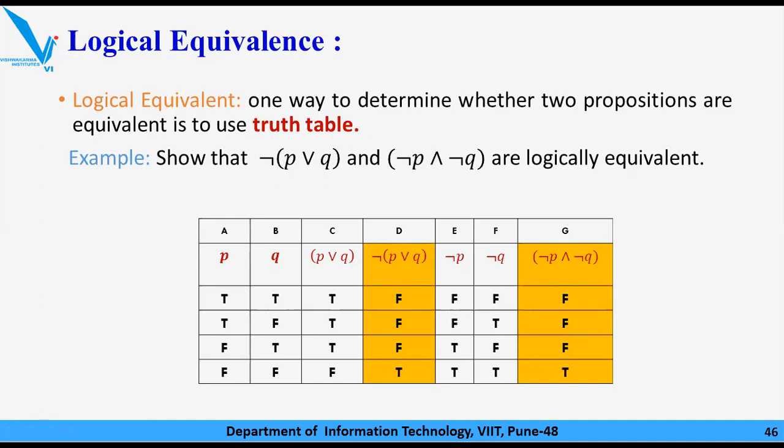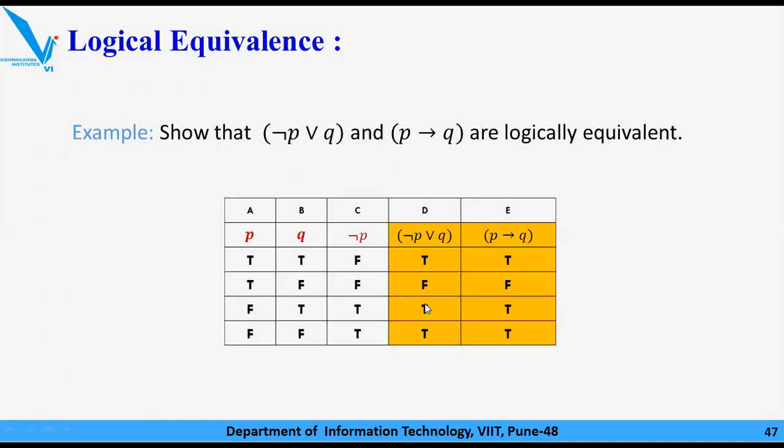So whenever we are asked about logical equivalence, we just need to get the truth values and see whether they have the same truth value or not. Let's have another example where both terms are given. This is the truth table for both terms, where the D column represents the first term and the second term is represented in the E column.